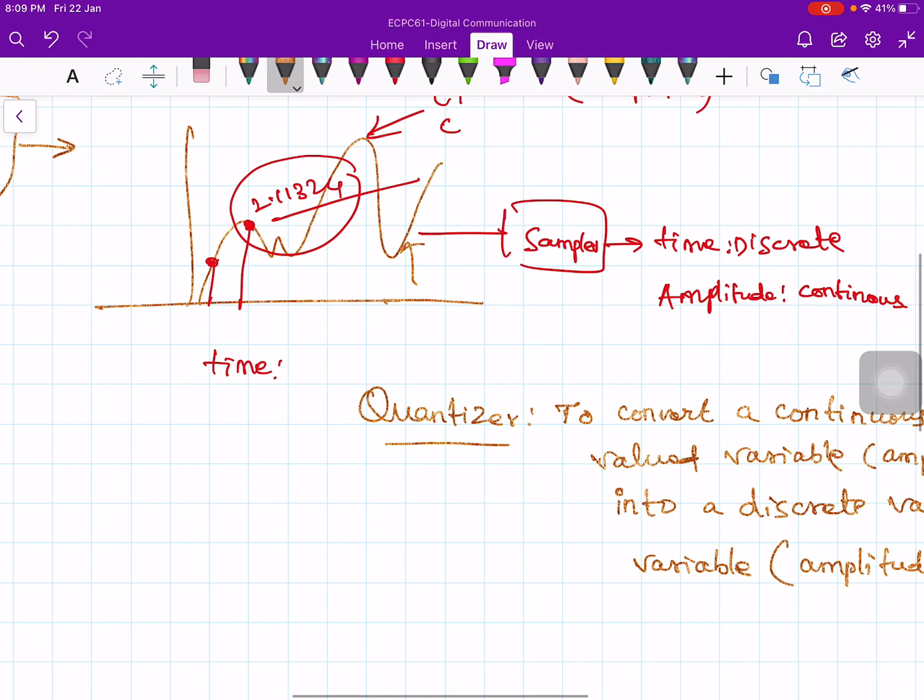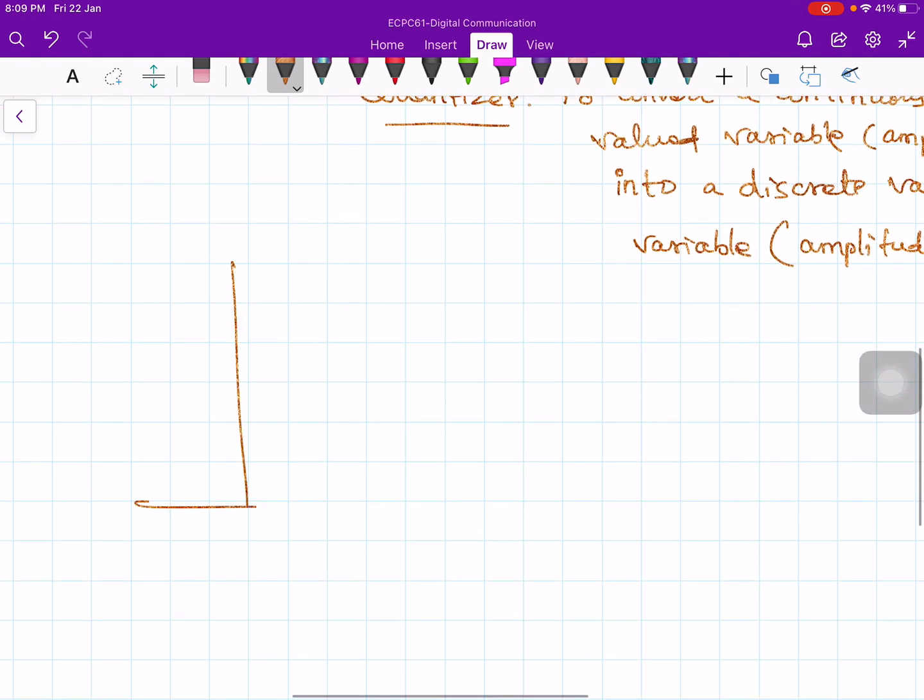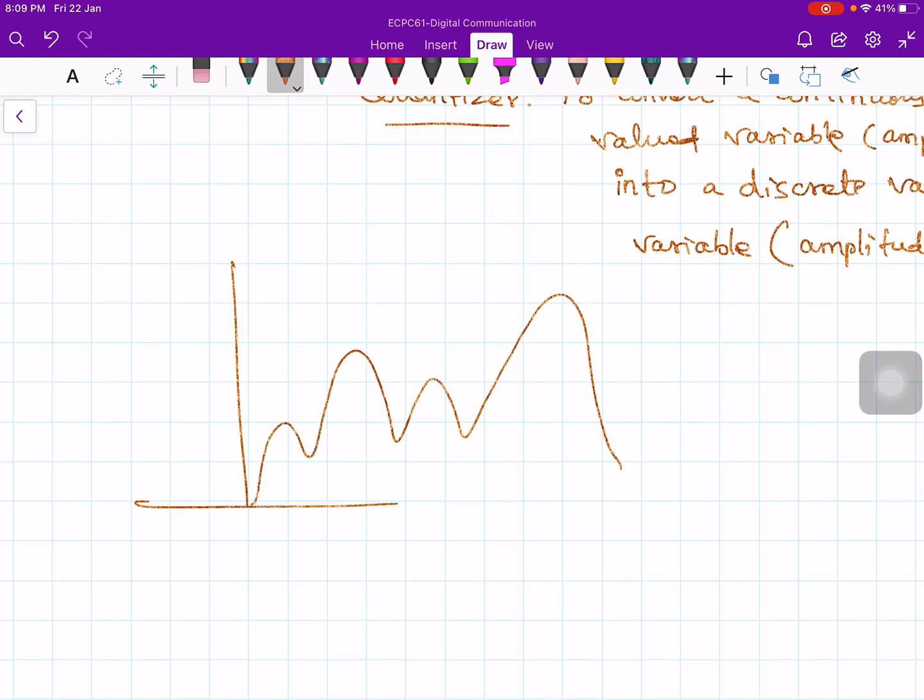Maybe I'll draw one more time. So I have a voice signal like this. Let's say this is your continuous time and continuous valued signal. This is the value, and this value is continuous, and this is the time axis, and this time axis is also continuous.